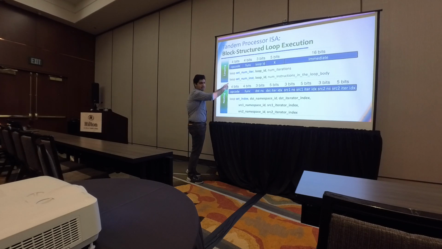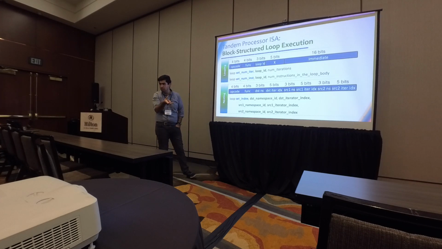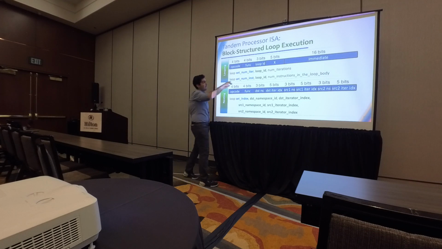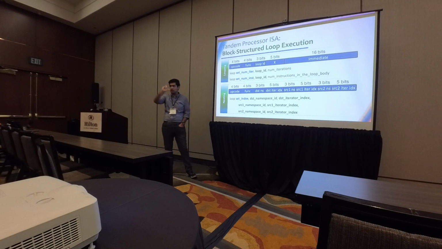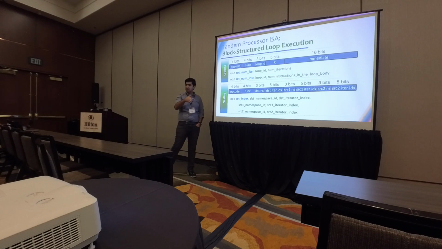One class is a preamble: you specify the number of iterations for a specific loop nest level, and you also set the number of instructions in that loop body, since you might have multiple instructions in one loop. If you remember the code repeater I showed at the front end of the pipeline, these instructions program that code repeater with how many iterations the group of instructions needs to run.